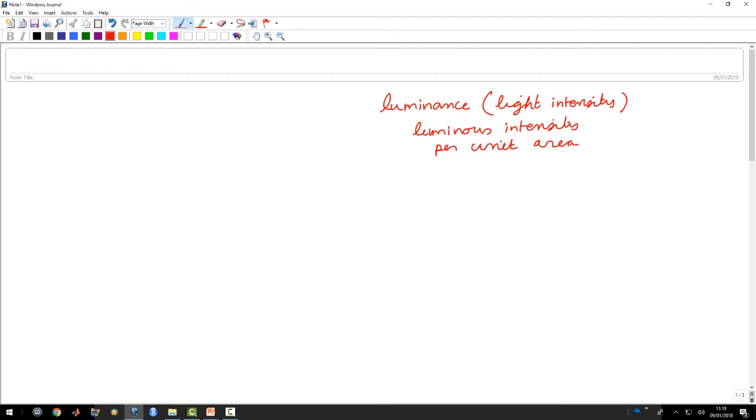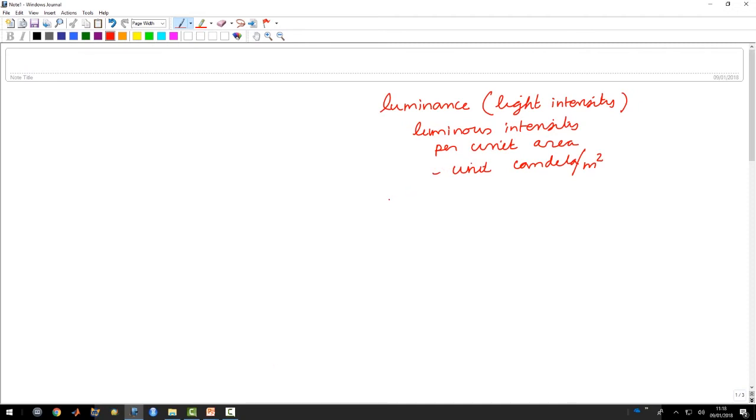This is one of the main important terminologies that will come again and again, so we will focus a little bit on this. Its unit is candela per meter square.